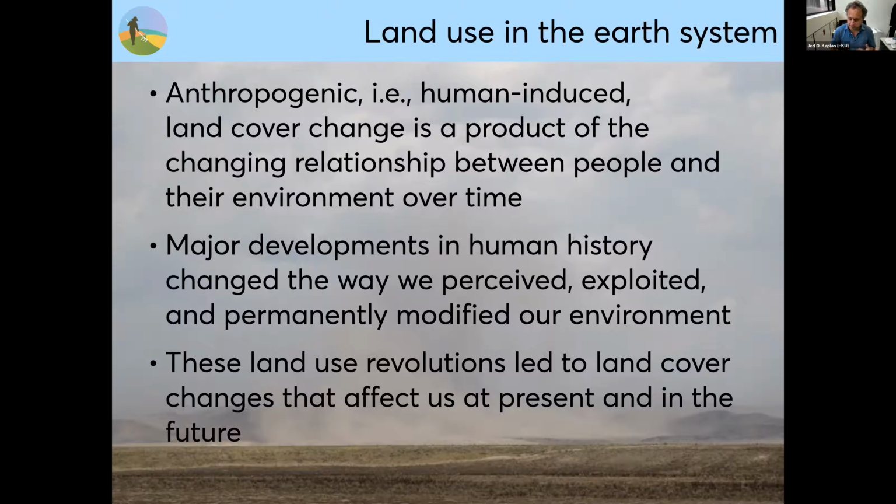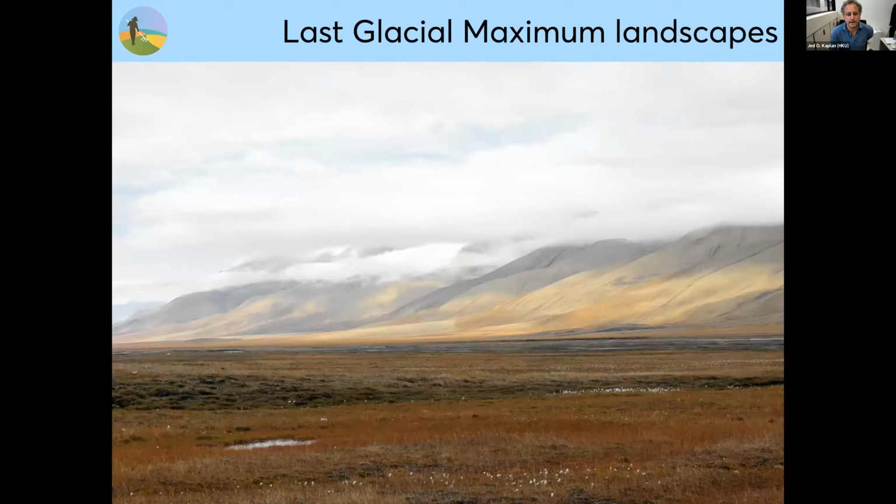If people subsisted off of small scale agriculture or pastoralism, they will influence the landscape in a very, very different way than if they have intensive agriculture based on cultivating rice and rice paddies, for example. And so major developments in human history, as I wrote there, changed the way people interacted with and influenced and modified the environment. So let's go back to the last glacial maximum for a moment.